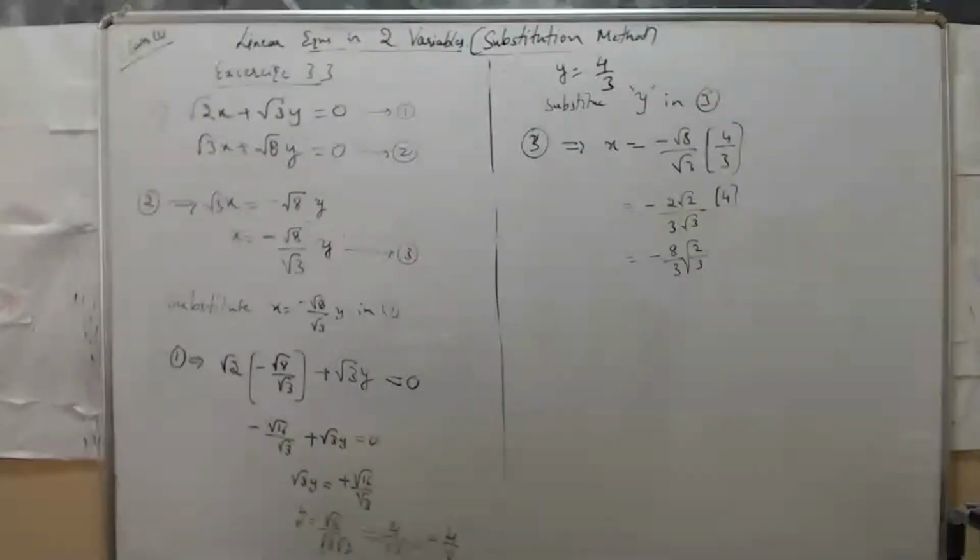Equal to 4 by 3. Wait. Sorry. This is not root 8y. It is correct only. Fifth question, right? x is equal to root 8 by root 3, and y is equal to 4 by 3, that is correct.